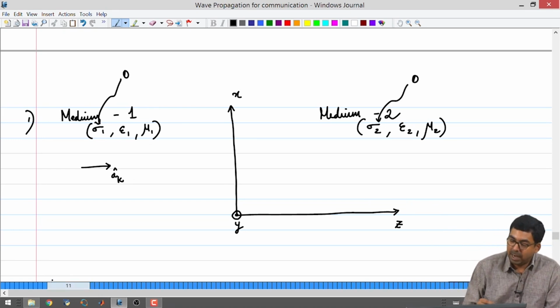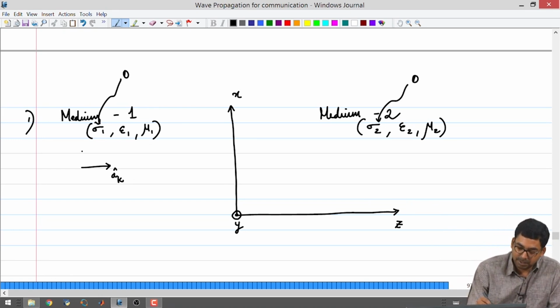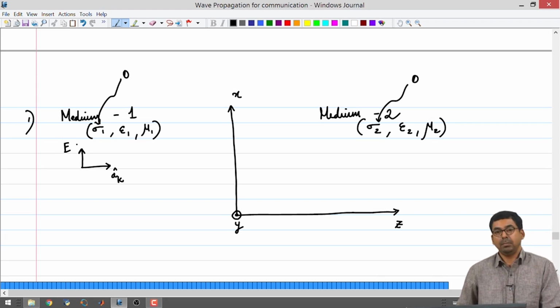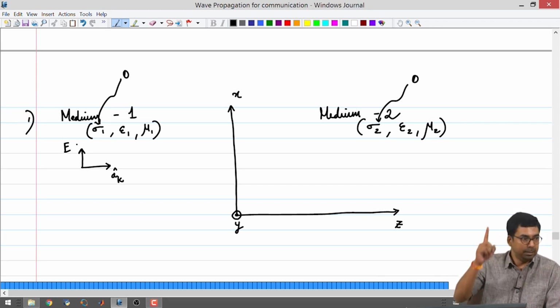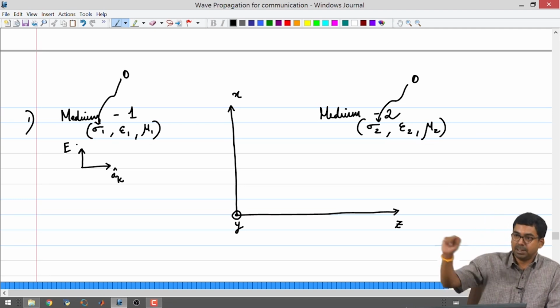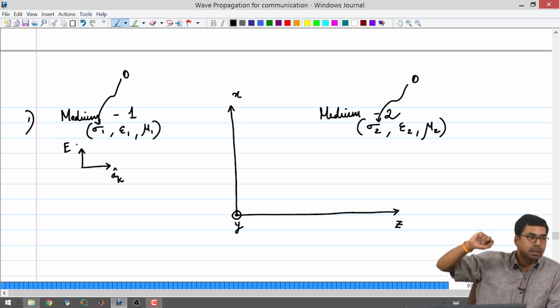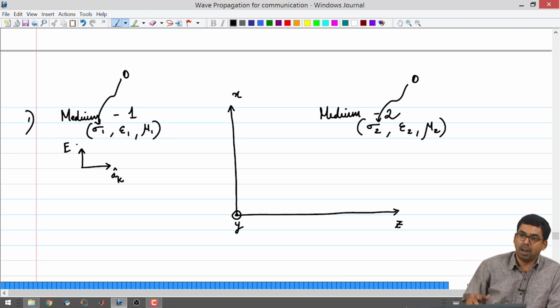Okay. And now I have to make some assumptions. So, I am going to start with the case where the electric field is oriented this way. Okay. Electric field is oriented this way, direction of propagation is horizontal, which means that using my right hand rule I can figure out how my magnetic field is going to be.